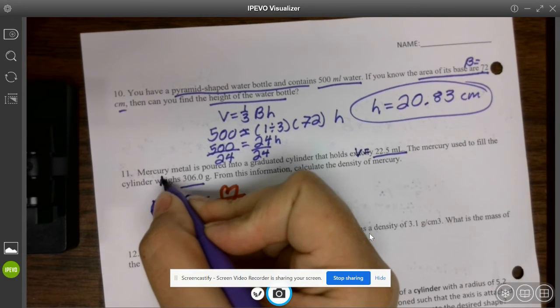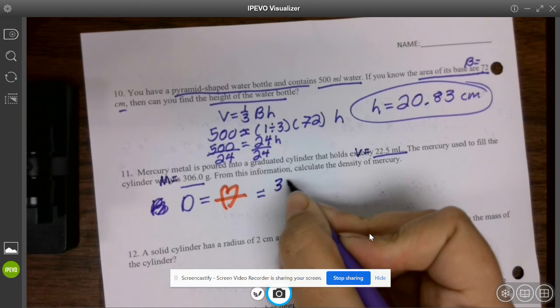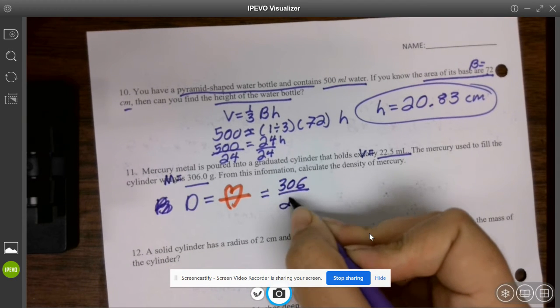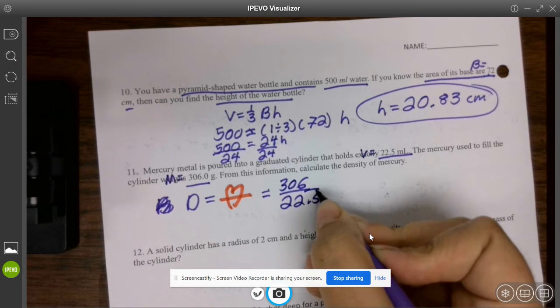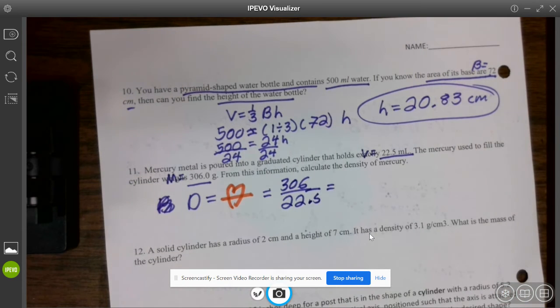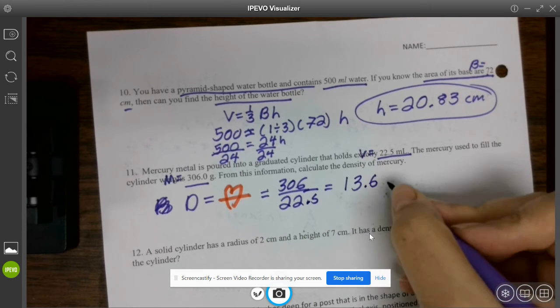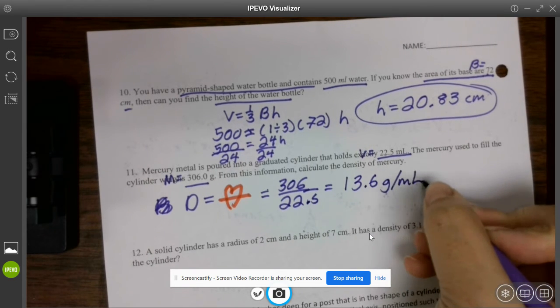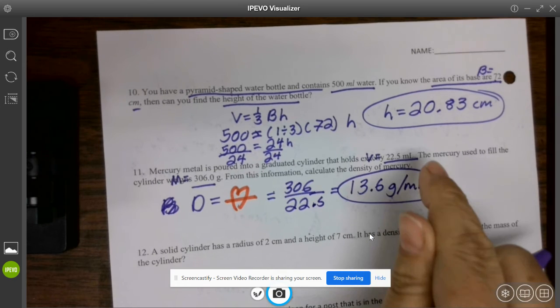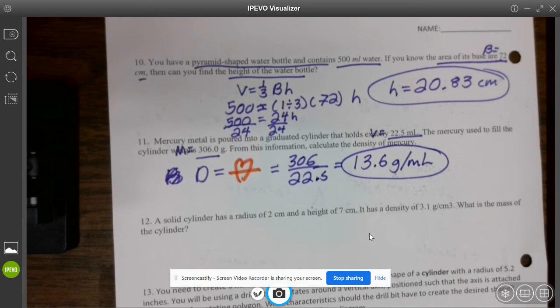This is our mass. So 306 divided by 22.5 is 13.6 grams per milliliter. Milliliters, remember the liquid, is going to be the volume.